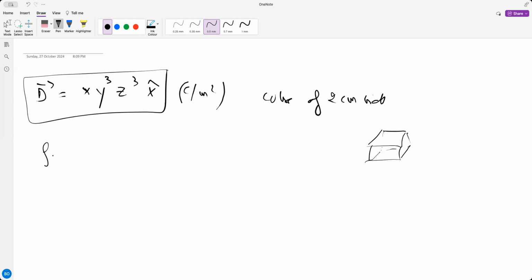The idea is to calculate the volume charge density and calculate the total charge inside. How do you calculate the volume charge density? Any idea? So you are given the electric flux density, and you want to calculate the volume charge density.